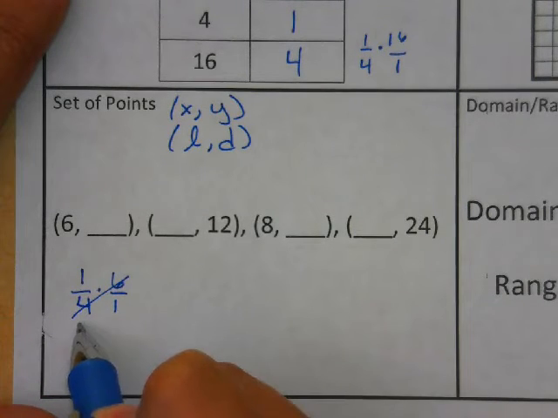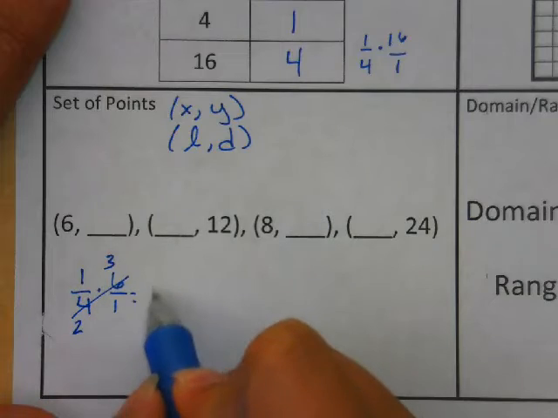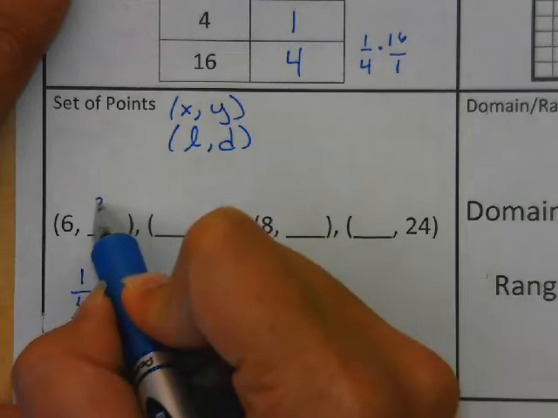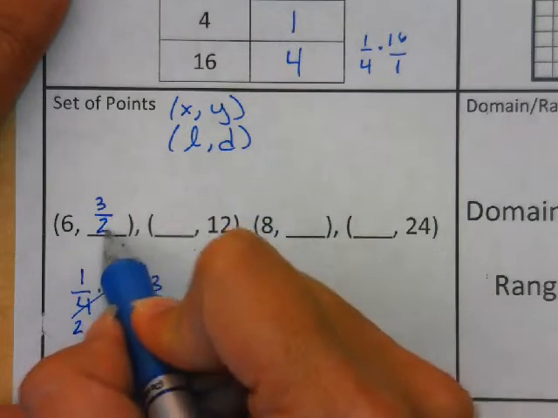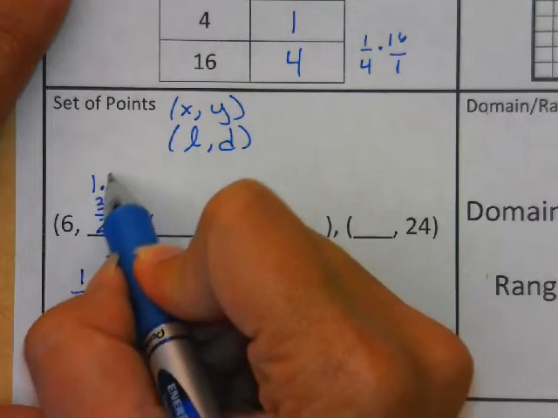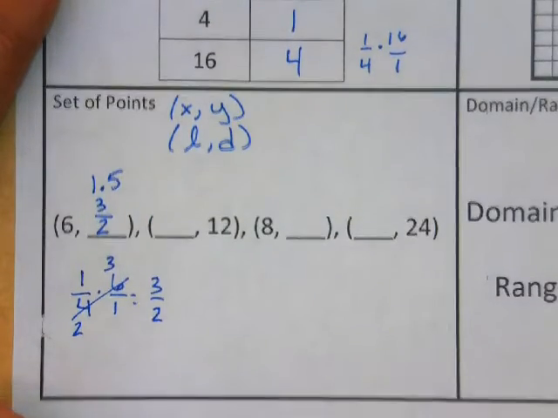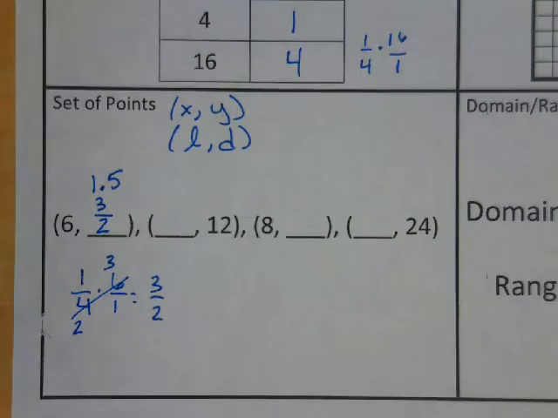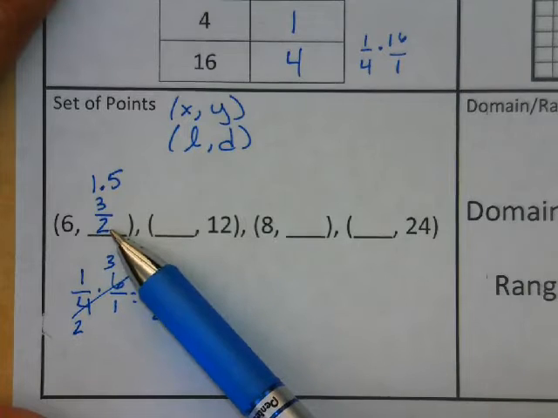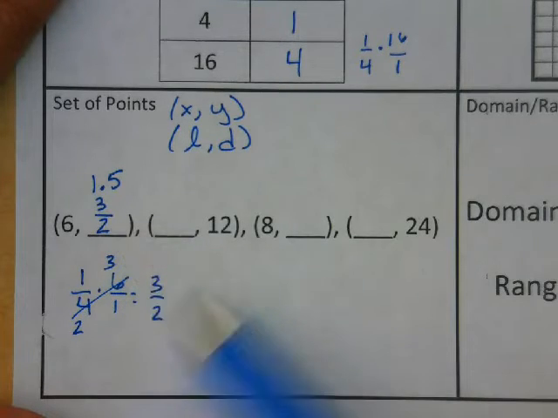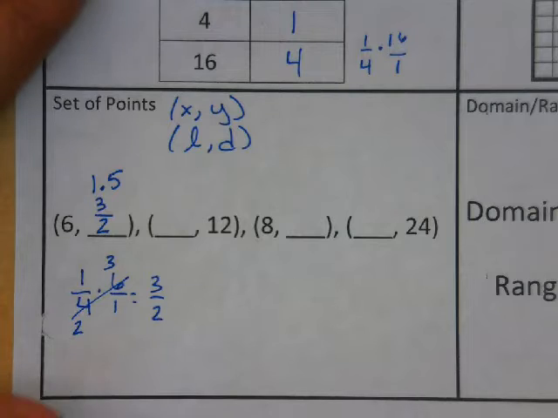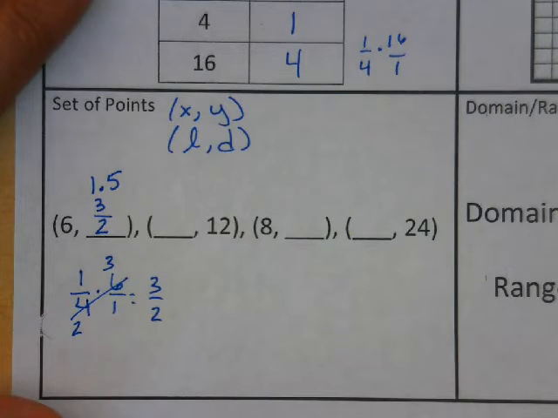We can cross reduce 2 and 3, 3 over 2. Because this is distance, I would take a fraction, or I would take a decimal, because it is talking about distance. And this is also a coordinate. Remember, when we write our equation, we want that rate of change to be a fraction, not a decimal, so that we can count rise over run.